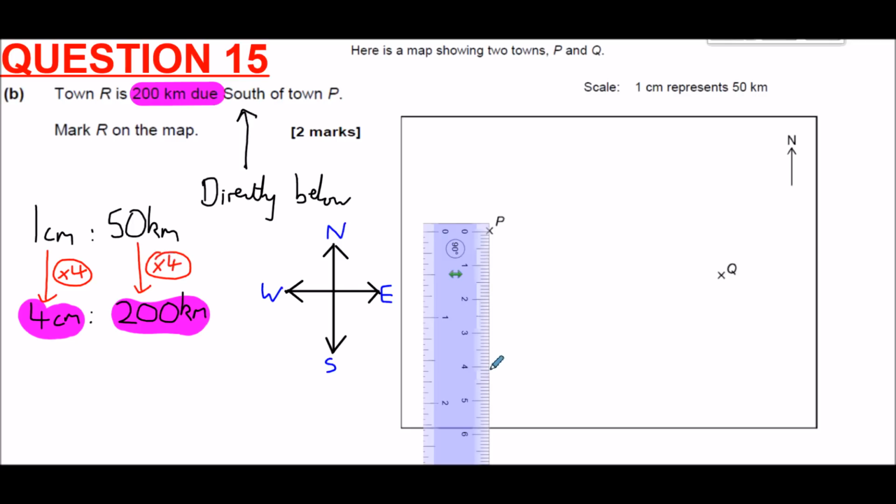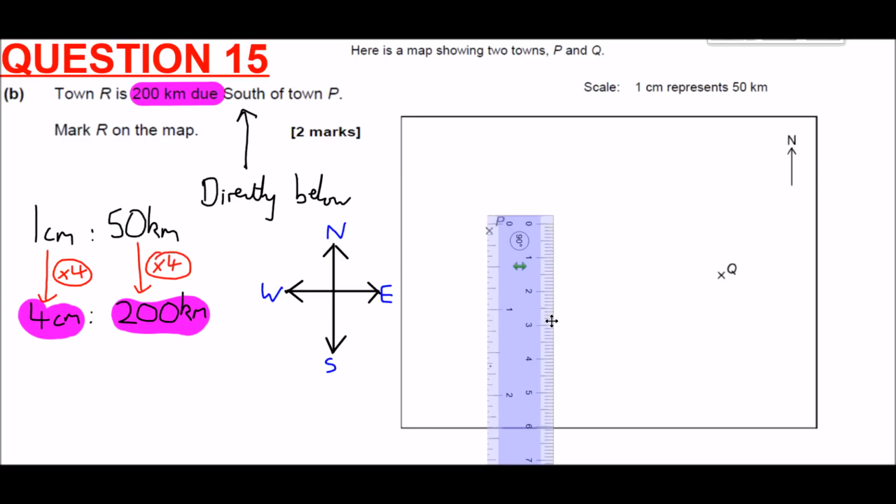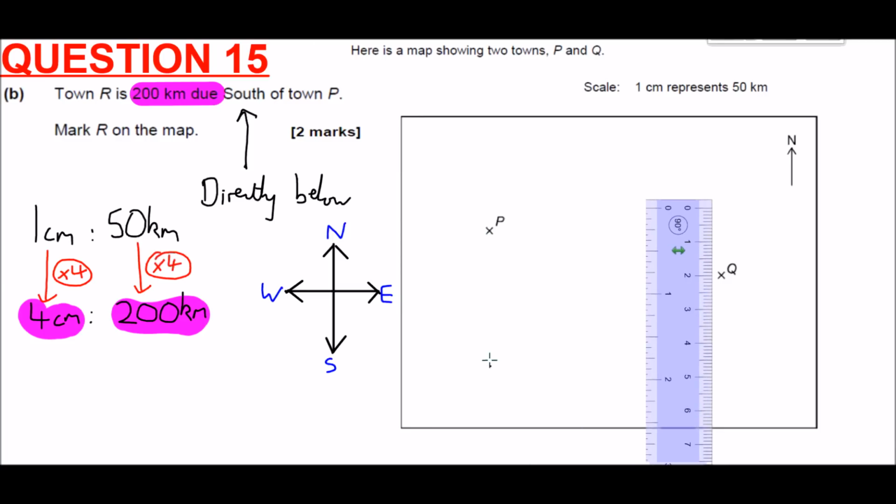And so town R is going to be here. So we can mark that on with an R on the map, 4 centimetres directly below P. And that's question 15 completed.